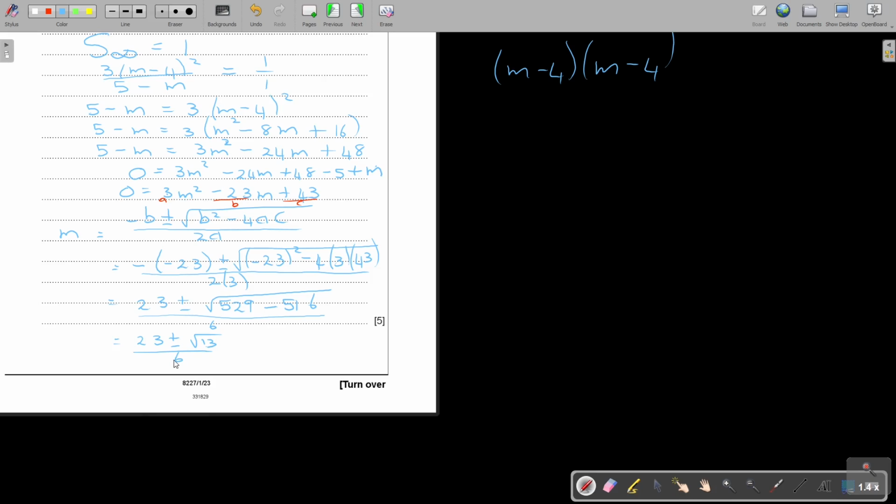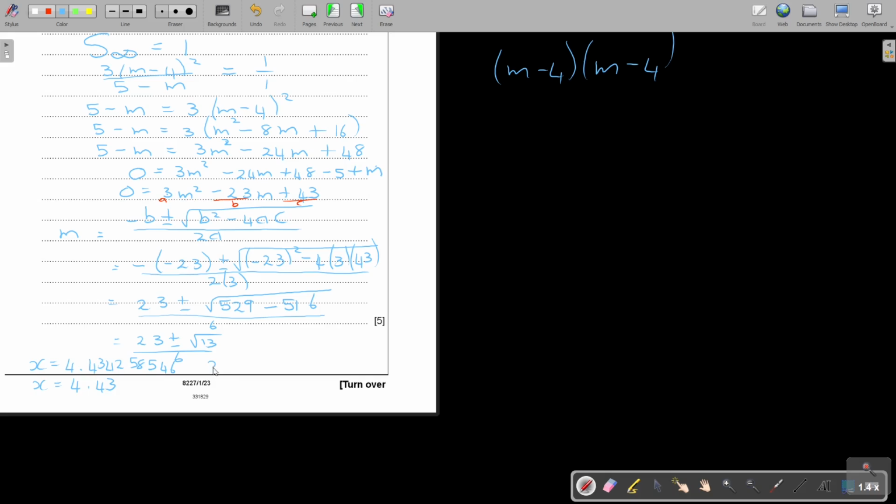And don't forget, on your calculator, press 23 plus square root. I just want to do it quickly. So 23 plus square root of 13 equals, divide by 6 equals. So I'm getting one value of x as 4.434, and that is x equals 4.43.